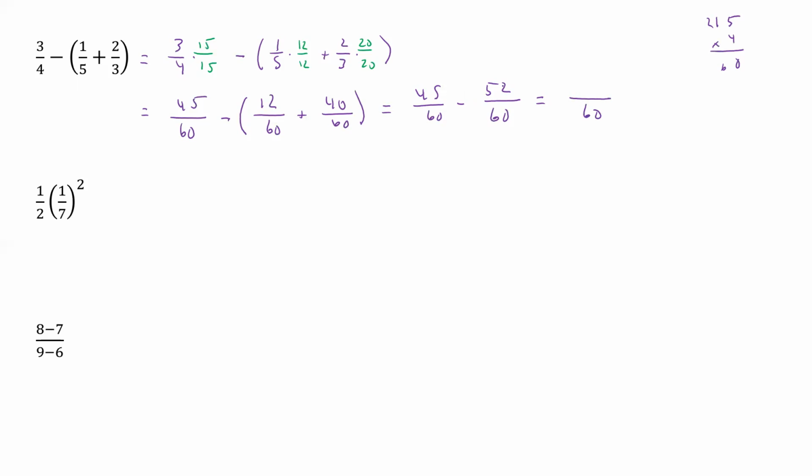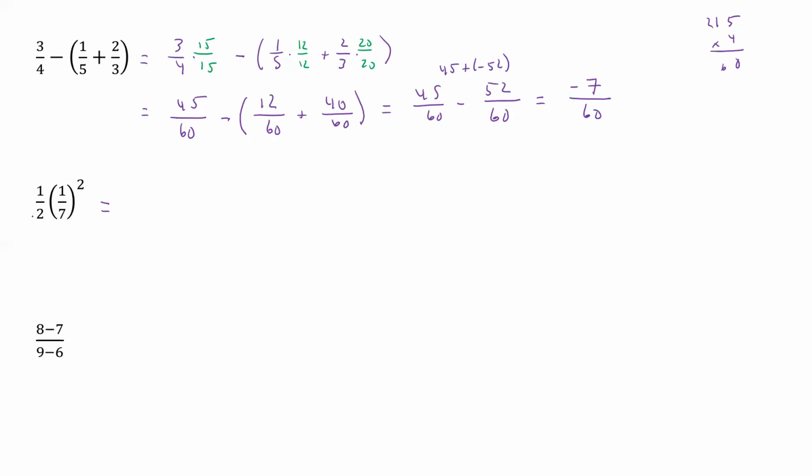And 45 minus that, that's the same thing as 45 plus a negative 52. So we take larger minus smaller, which is going to be a 7. Sign is negative. Now, can we reduce this one? No, that's about as good as we can get there. We can't reduce it because 7 doesn't go into this, and so that would be where we stop and we're done. All right, what about the next one here?